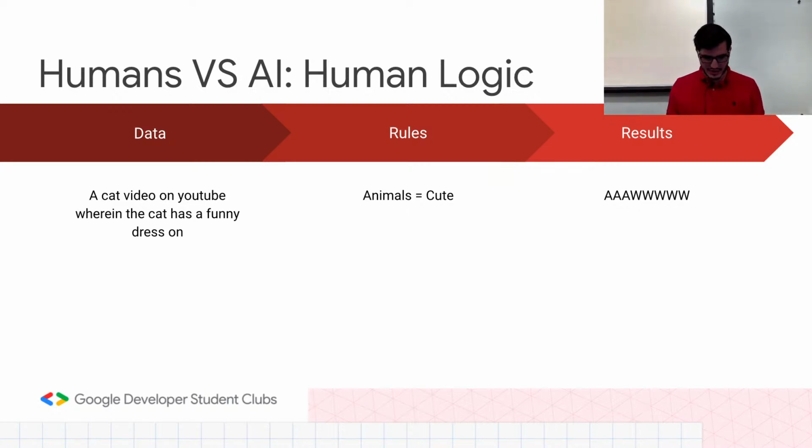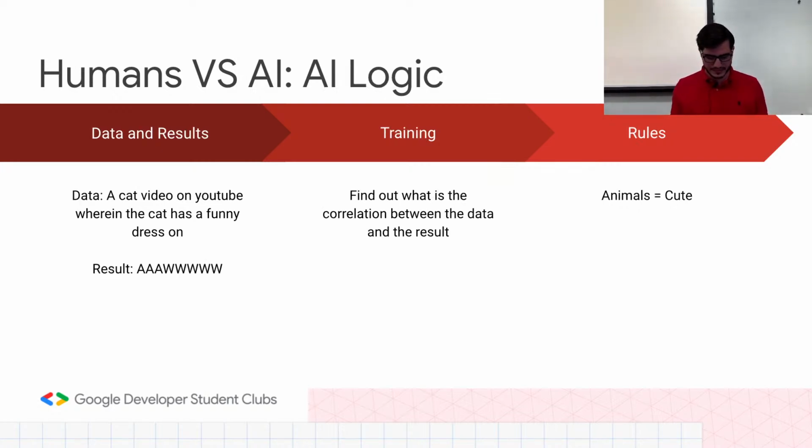But here's how computers are. Let's have the data, and we're not talking only about the data, we're talking about a label as well. This is for supervised learning. A cat video on YouTube, like we had before, but we also feed in the result for this data to our computer brain.